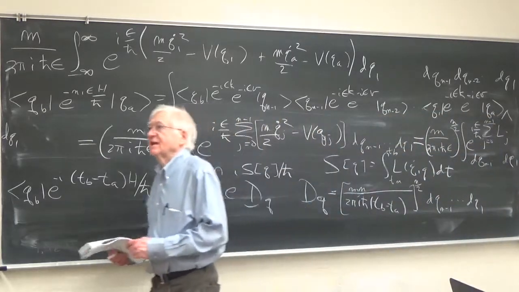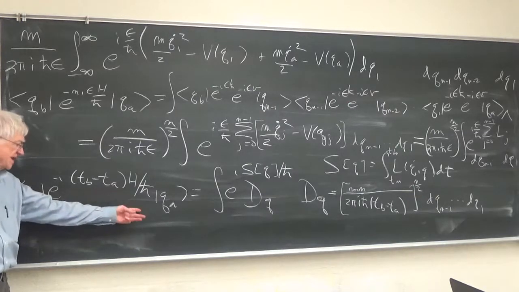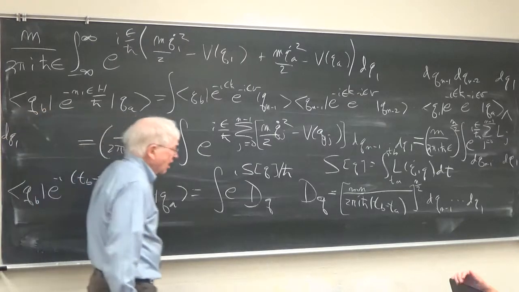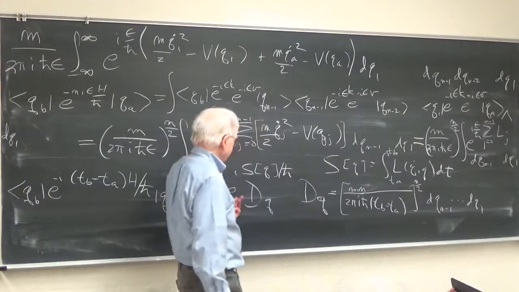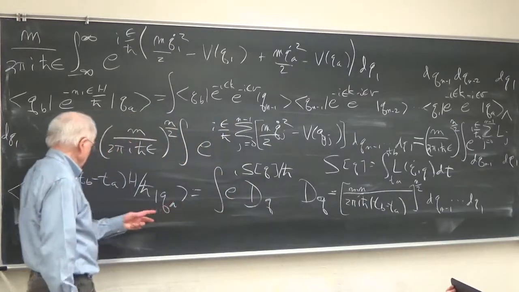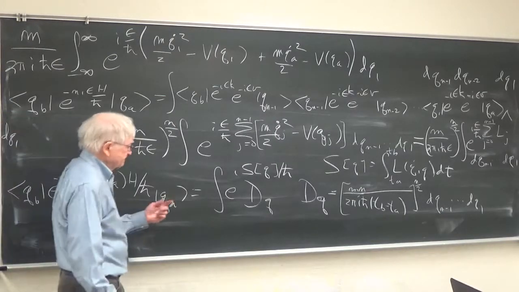So that's basically a derivation then of the Feynman path integral. The time matrix elements in position space of the time evolution operator are an integral over all paths that take you from qa to qb in the time interval ta to tb.